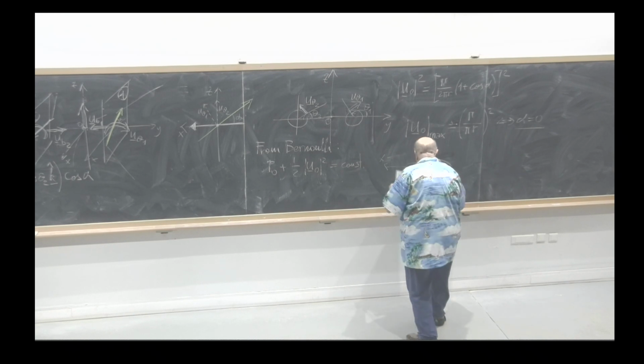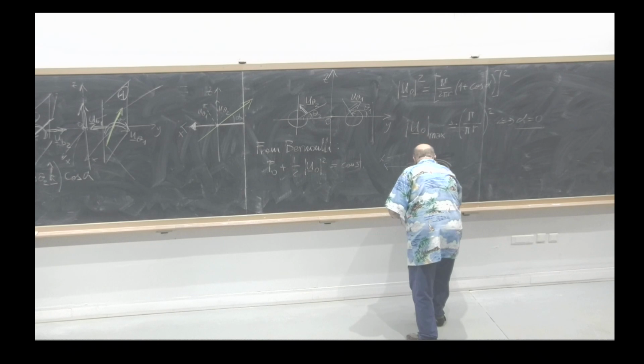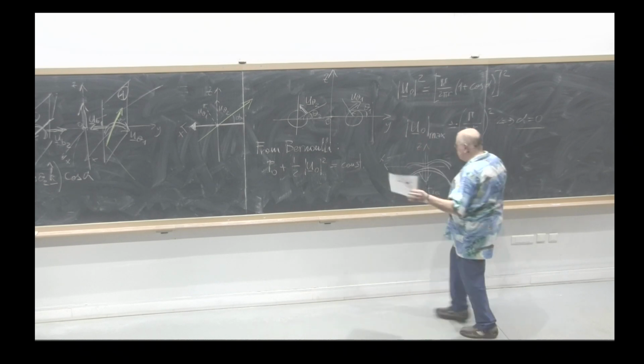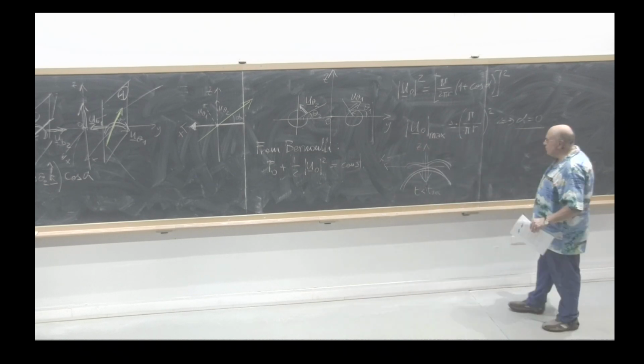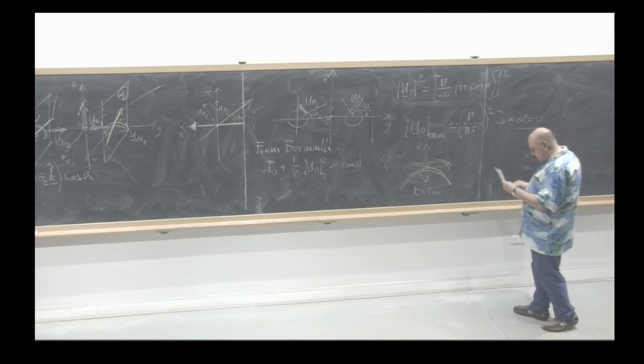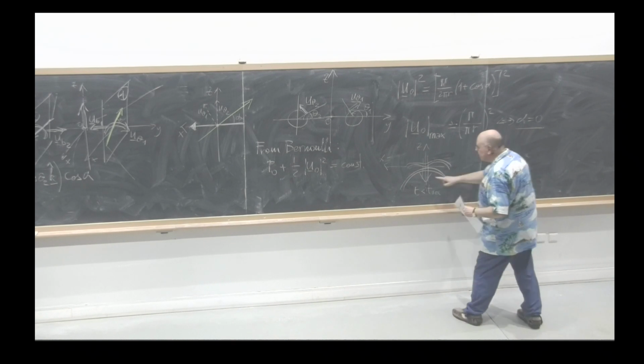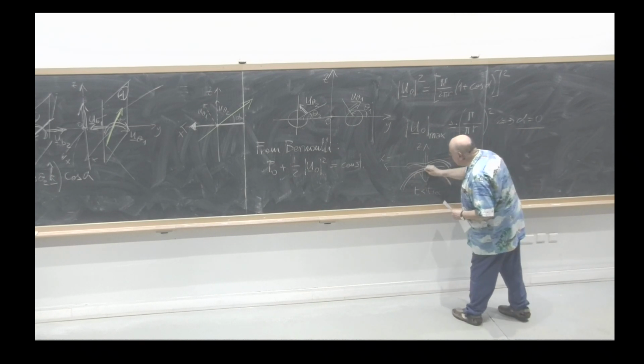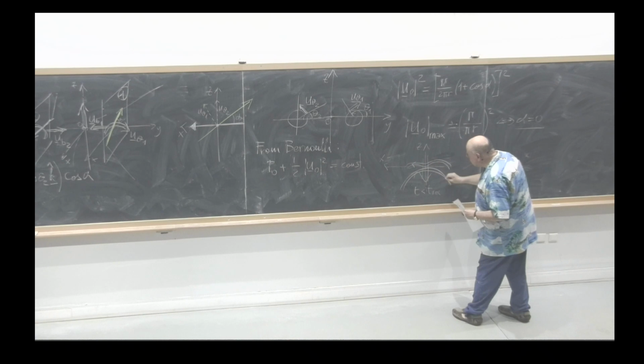Just before the reconnection, you have an inflow that pushes them or drives them together to reconnect. And after the reconnection, these strands reconnect with this, and these strands reconnect with this here in this region.